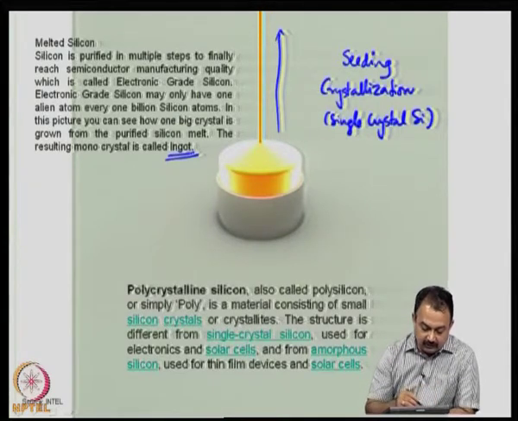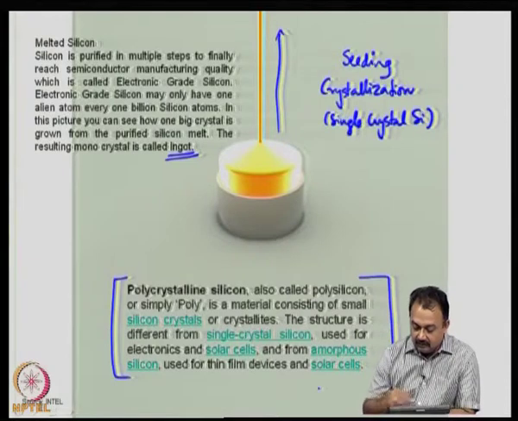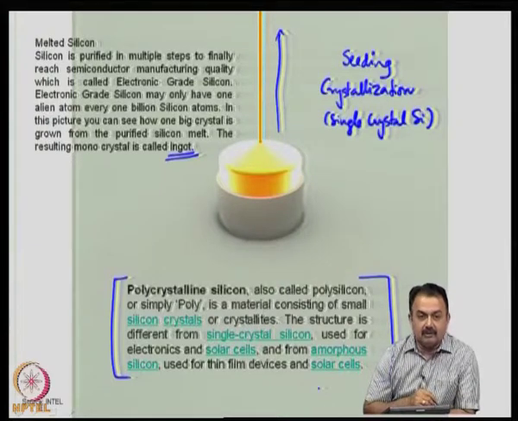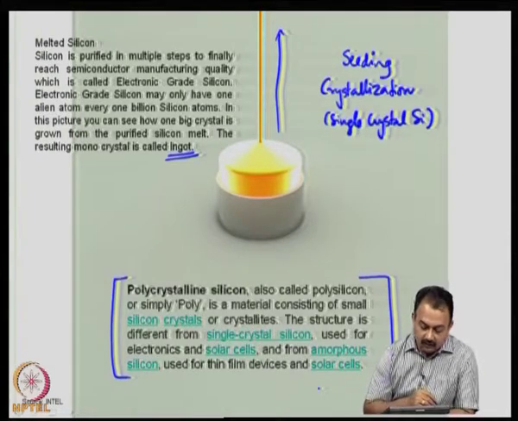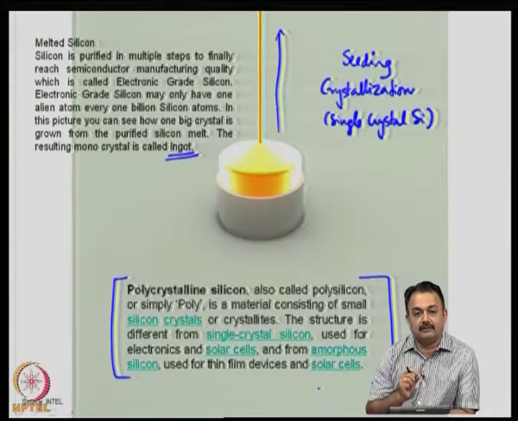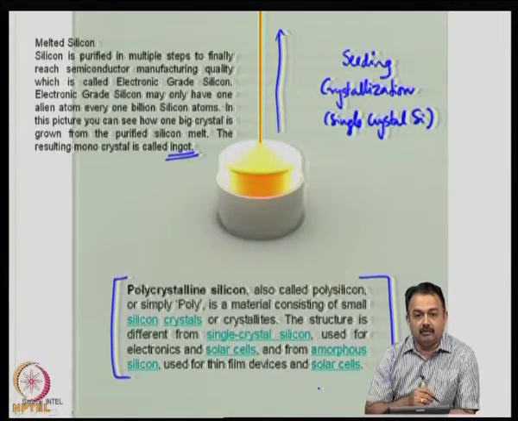Now, I want you to understand some other terms that might be used in silicon manufacturing or design as well. You will also come across a term called polycrystalline silicon, also called polysilicon or simply poly, that is a material consisting of small single crystals or crystallites of silicon. The structure of this is different from that of the single crystal silicon that you are seeing in the picture above.